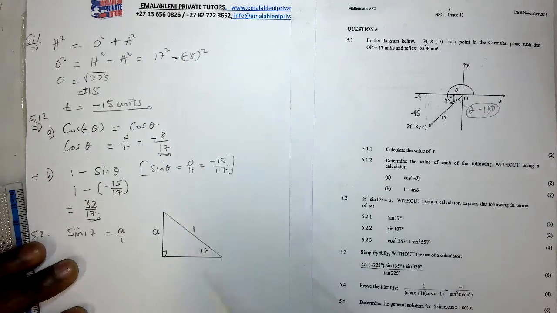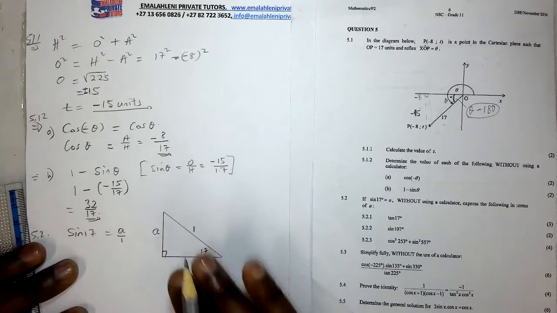Now, from there, we need to calculate the side that is not given to us. You need to complete the triangle first.